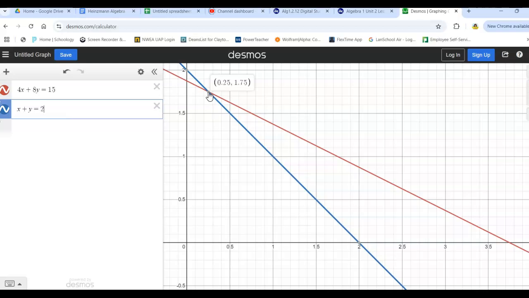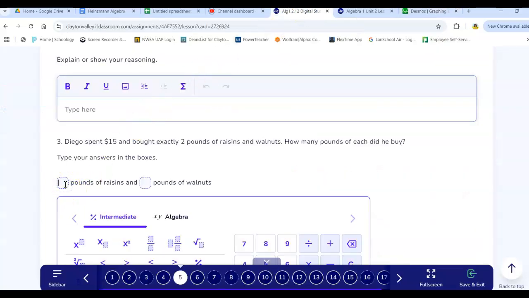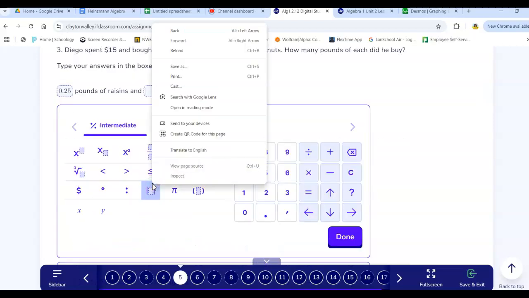So Diego bought 0.25 pounds of raisins and 1.75 pounds of walnuts. Okay? So that's what you would put. 0.25, 1.75. Then you would put that in your 0.25 and 1.75.